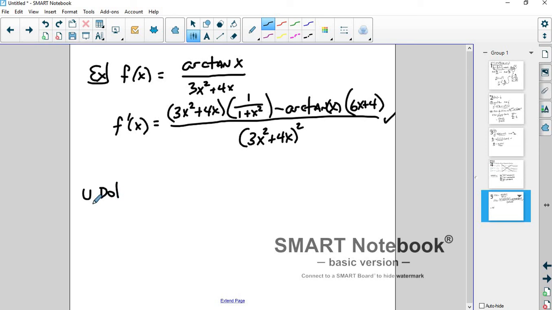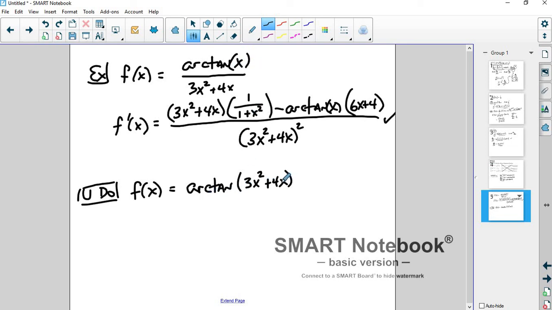So why don't you try one, but I'm going to give you a hint. I'm going to let f of x equal arctangent of 3x squared plus 4x. Now that's not a product. The previous one was a quotient, but this is not a product, right? Before, arctangent still had an x with it.